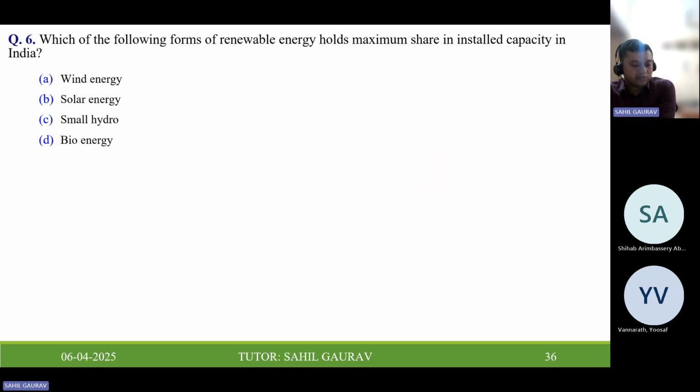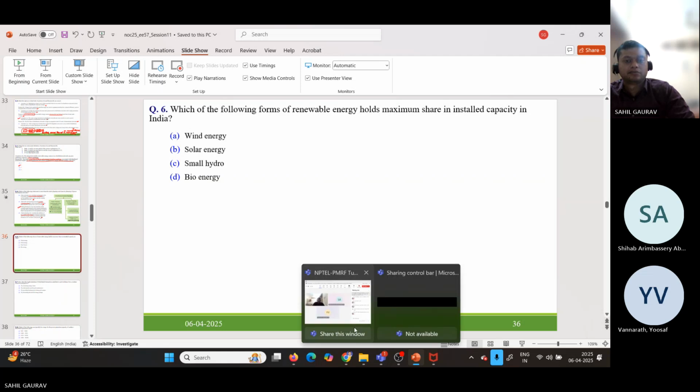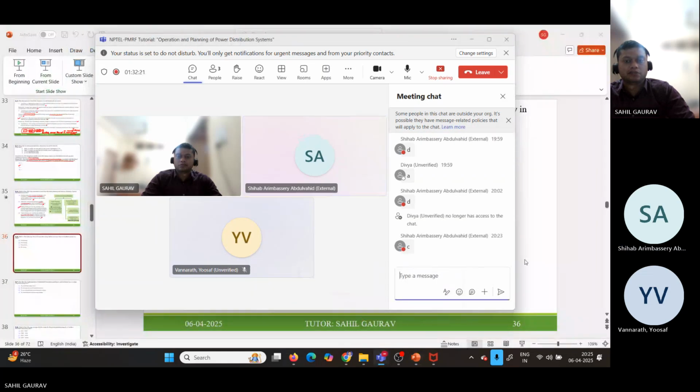So let us see the sixth problem. Which of the following forms of renewable energy holds maximum share in installed capacity in India? It is a general knowledge type problem. Wind. Yes? Wind energy. No, wind is not correct.